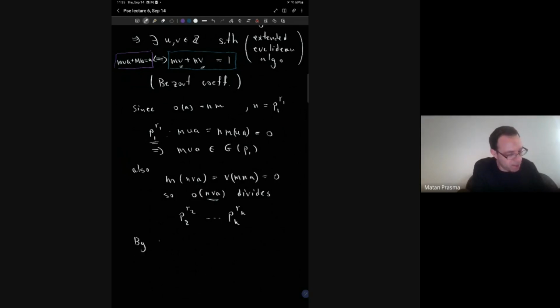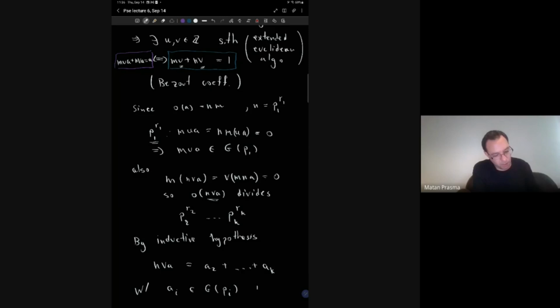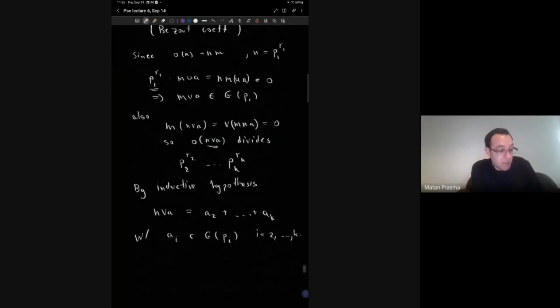So by inductive hypothesis, I can write NVA as a sum, let's call it A2 up to AK, where the AIs are elements in the primary PI group, for I equals 2 up to K. But then we're done.